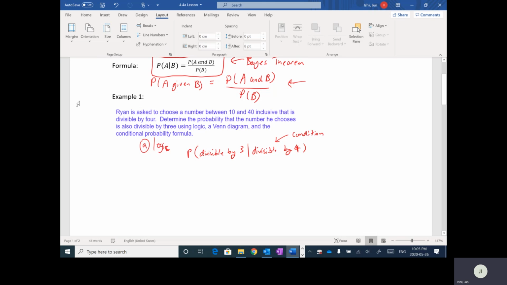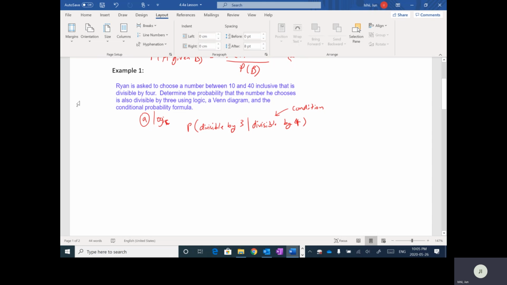Logically, the way we can figure this out is to list off all the numbers that are divisible by 4 between 10 and 40. I'm just going to list them off.